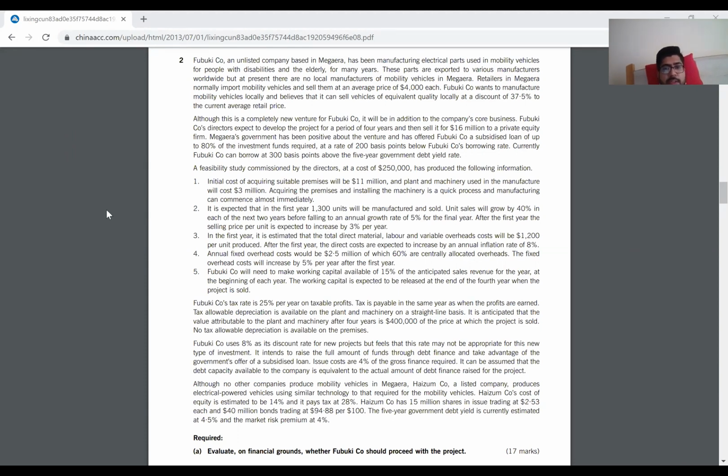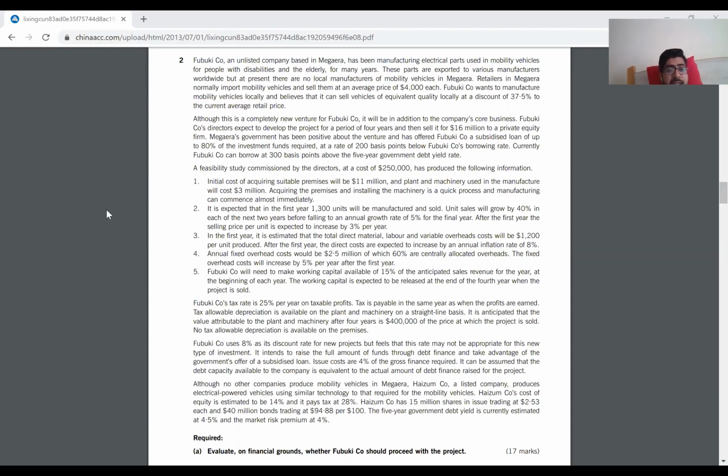The question is: Fubuki Company, an unlisted company based in Megara, has been manufacturing electrical parts used in mobility vehicles for people with disabilities and elderly for many years. These parts are exported to various manufacturers worldwide, but at present there are no local manufacturers of mobility vehicles in Megara.